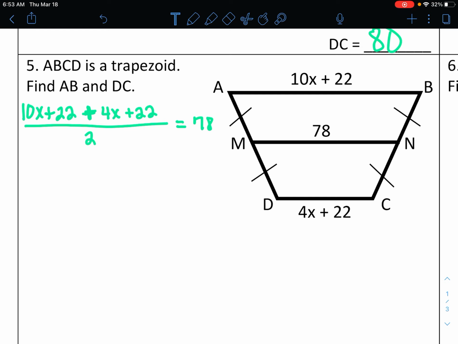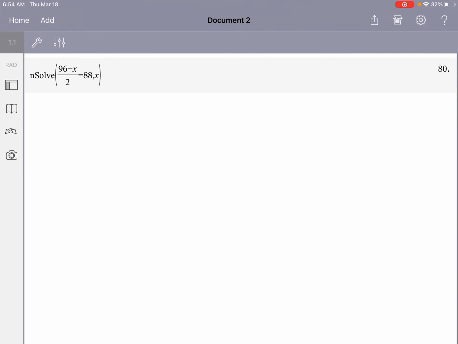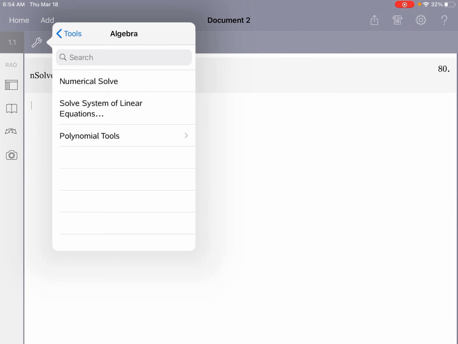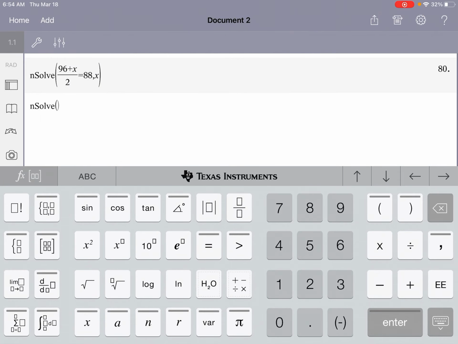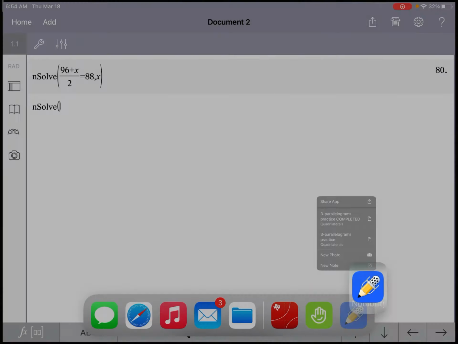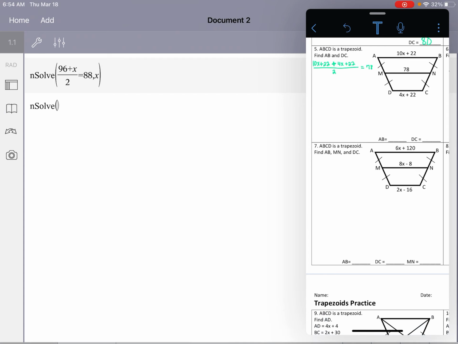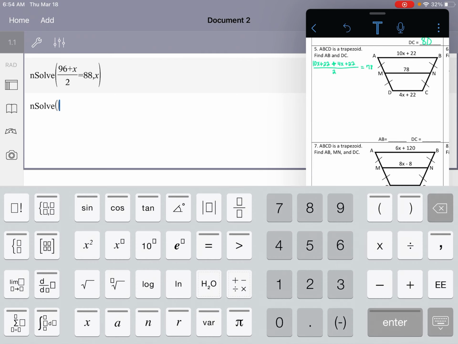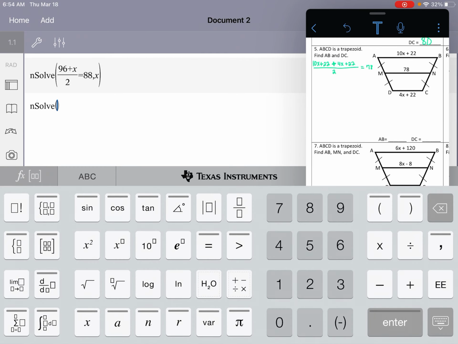Now you can type this into your calculator. I know I said I was only going to do it once, but this one looks a little scarier. So we have 10x plus 22 plus 4x plus 22.